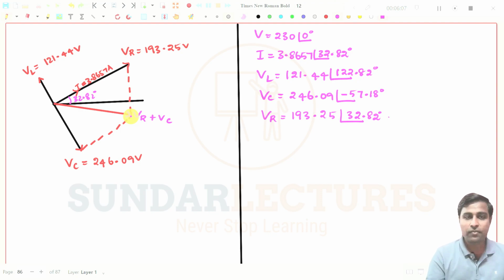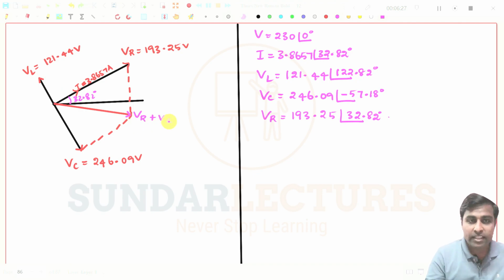So if you further do this one, try to understand, this is VR plus VC now, and we need to add this VL with this phasor. If I add that one, it has to be like this.